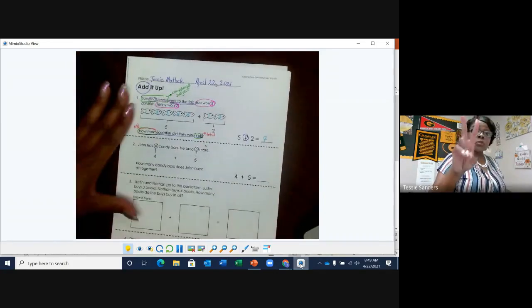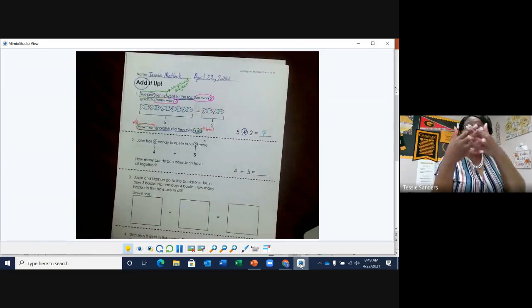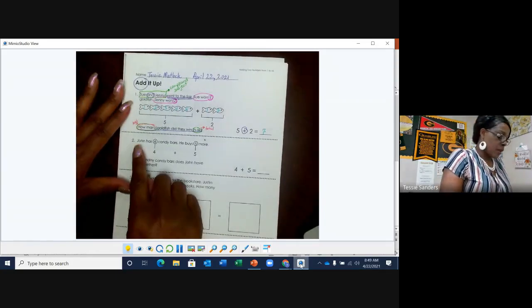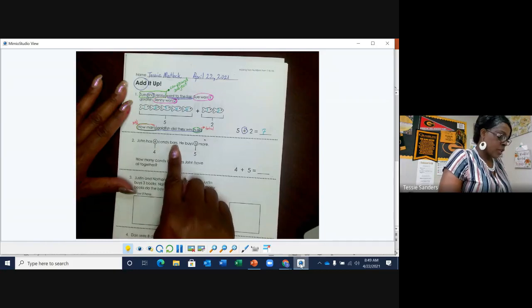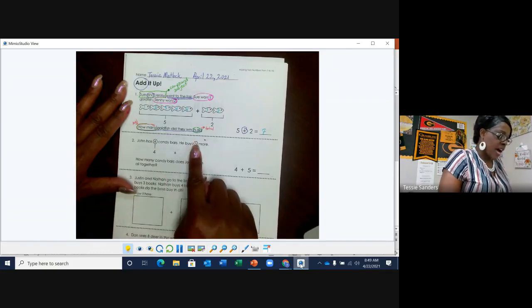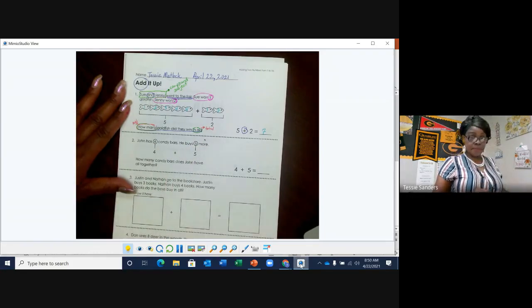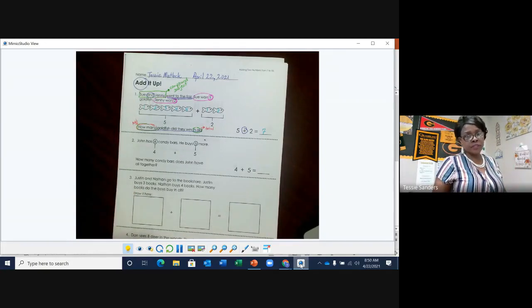Look at number 2. Let's read together. Read. John has 4 candy bars. He buys 5 more. Who is doing something in the sentence? Who? John. Good.